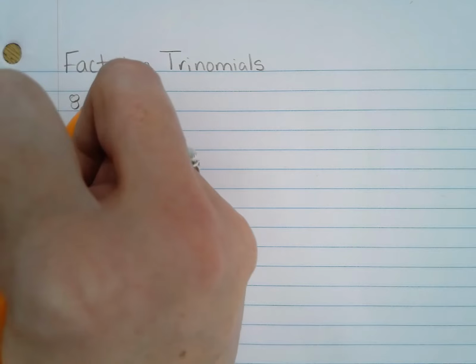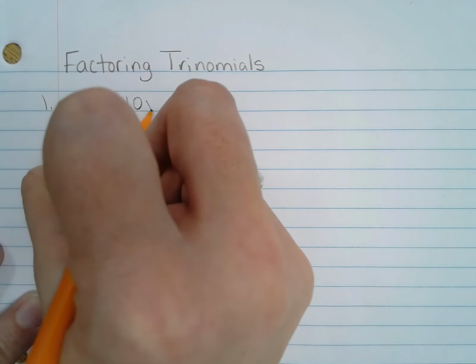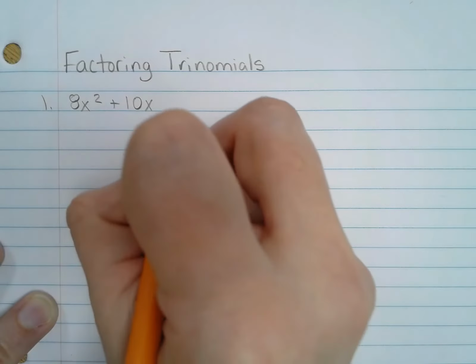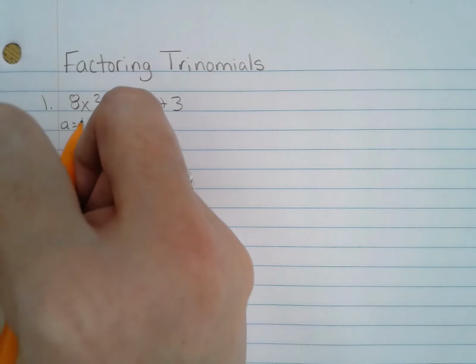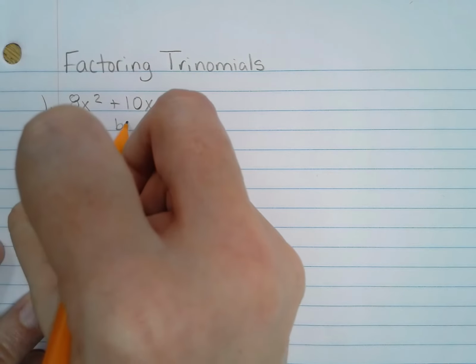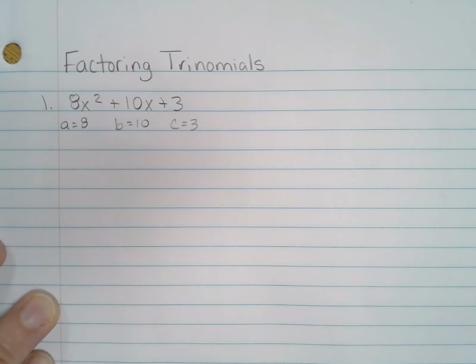We have 8x squared plus 10x plus 3. To start, we will name our A, B, and C. So A is 8, B is 10, and C is 3.